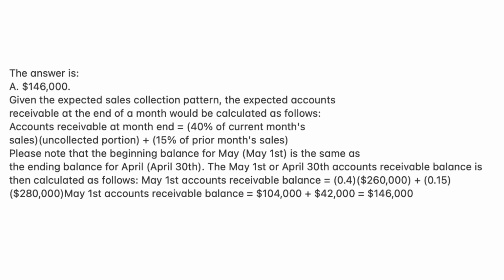The May 1st accounts receivable balance is then calculated as follows. May 1st accounts receivable balance equals 0.4 × $260,000 plus 0.15 × $280,000, which equals $104,000 plus $42,000, which equals $146,000.